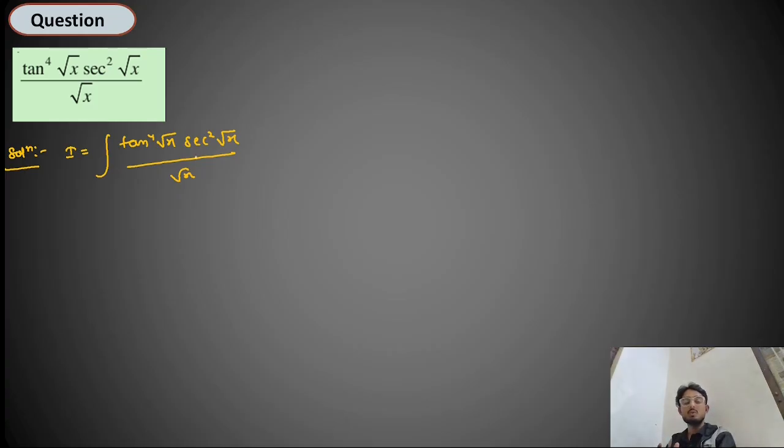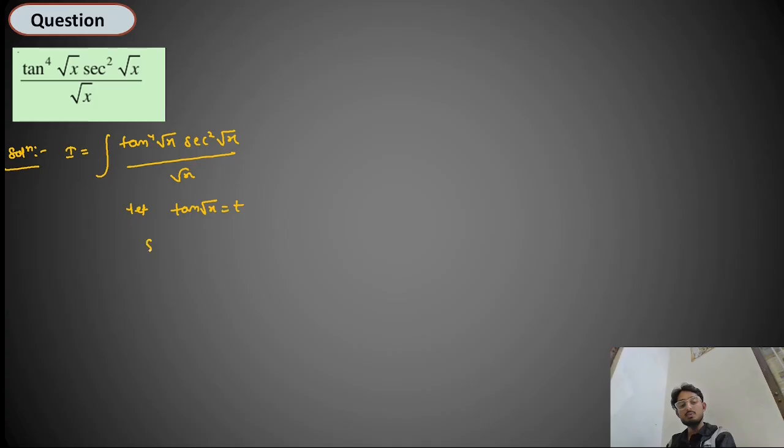What term can you assume and substitute so that you can get the differentiation of that term present in this given integration? In this question, which term can you select as t? So you can assume tan root x equal to t. So let tan root x equal to t.